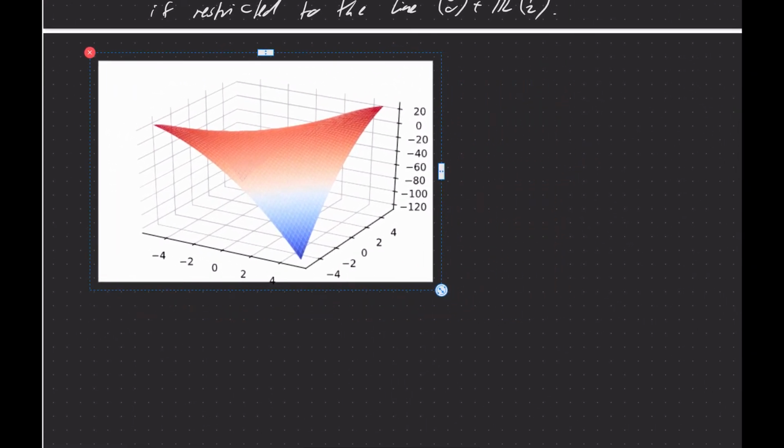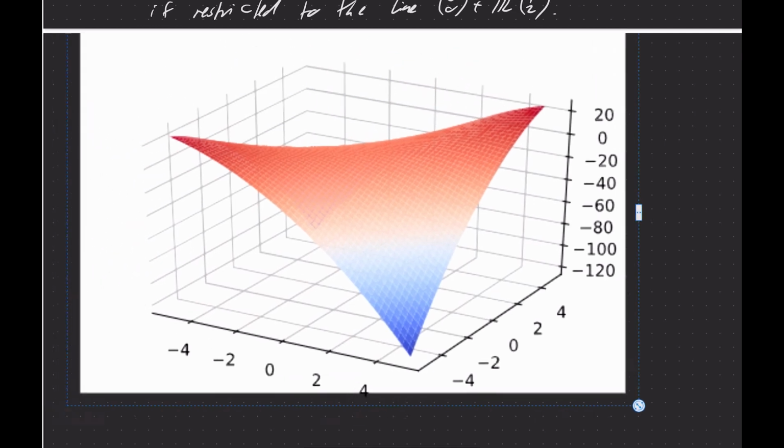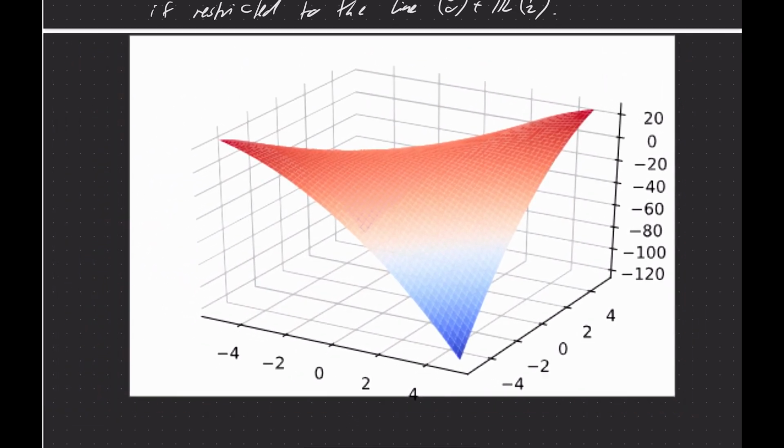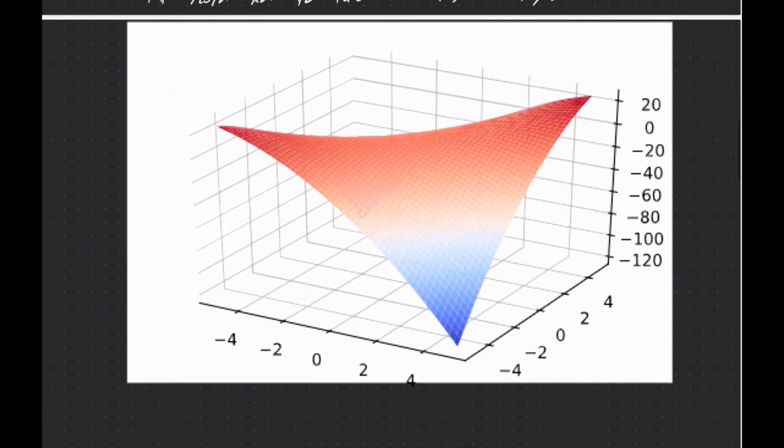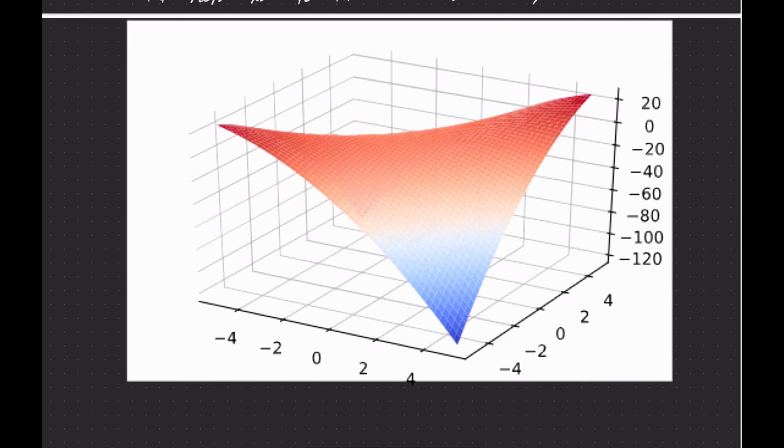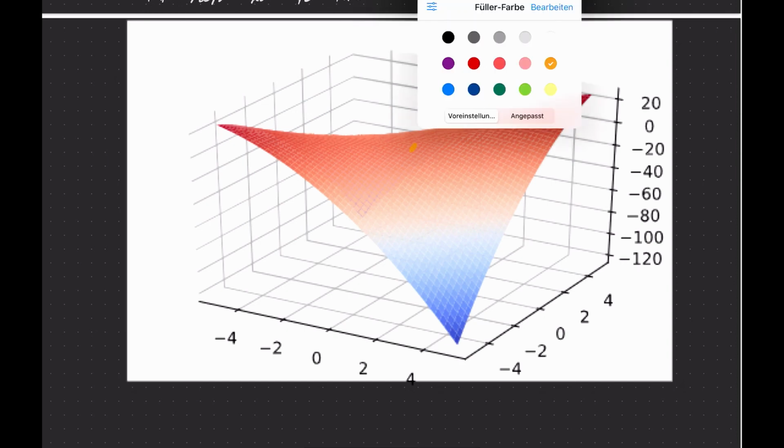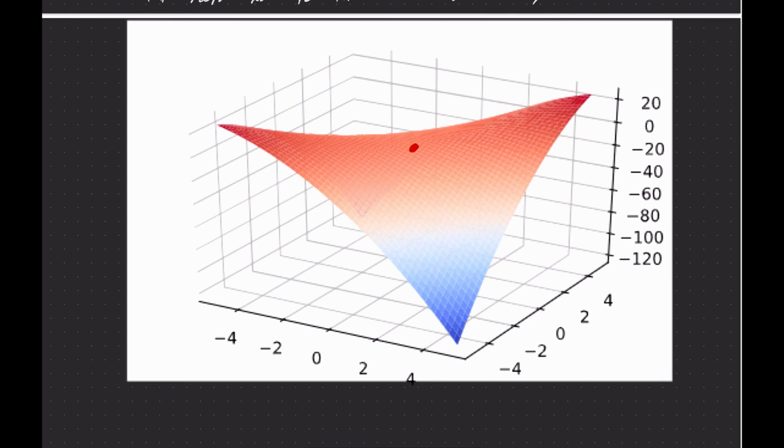I did a quick plot. So have a look at that here. That's a plot of a function. 0, 0 is approximately that point here. Yeah, it's not good to see at this point here. Yeah, that's better.